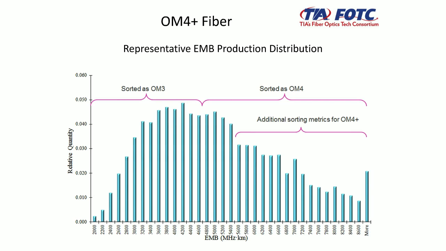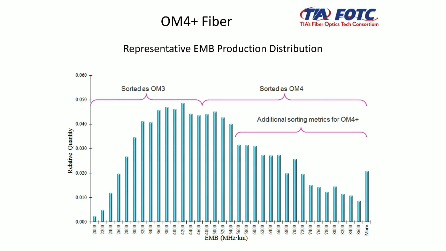OM5 plus. So normally what we do is, and I have the bandwidth in megahertz per kilometer plotted on the horizontal axis. And this is just a frequency distribution of occurrences of bandwidth from a fiber vendor. So normally what happens is anything that is greater than 2000 megahertz kilometer to 4700 megahertz kilometer gets sorted as OM3 fiber.